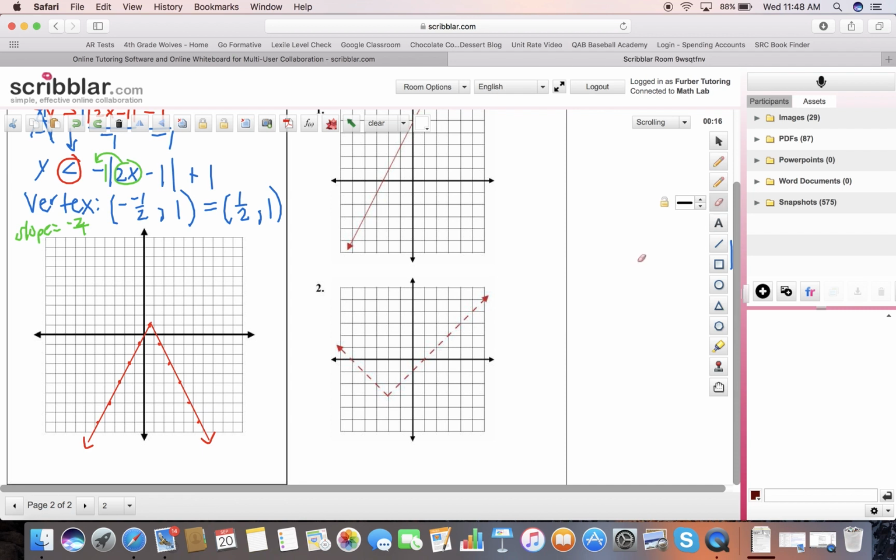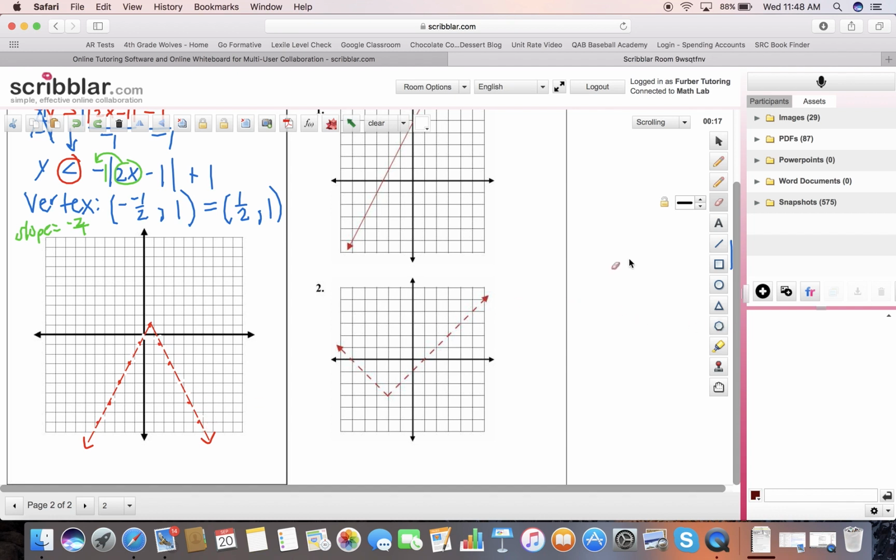I'm going to make it dotted because it does not include the solutions on the line. Okay, so it's a dotted line now.